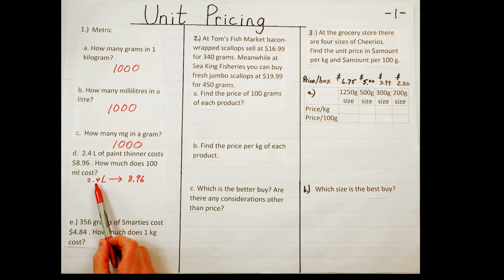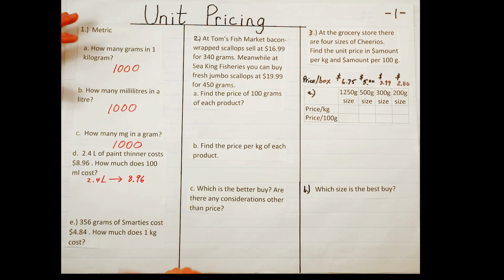All right, so our first step to success here, the easiest way to do this, is to find out how much 1 liter is. Because if we know how much 1 liter is, then we know what 1,000 milliliters is.